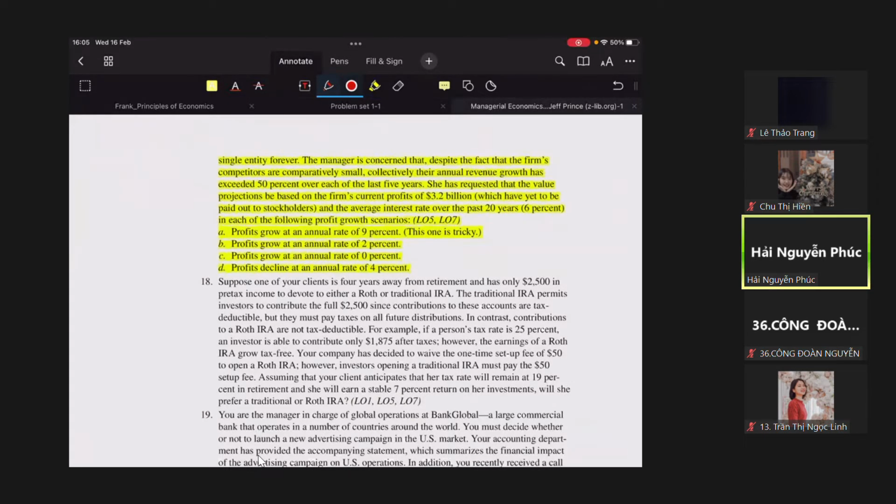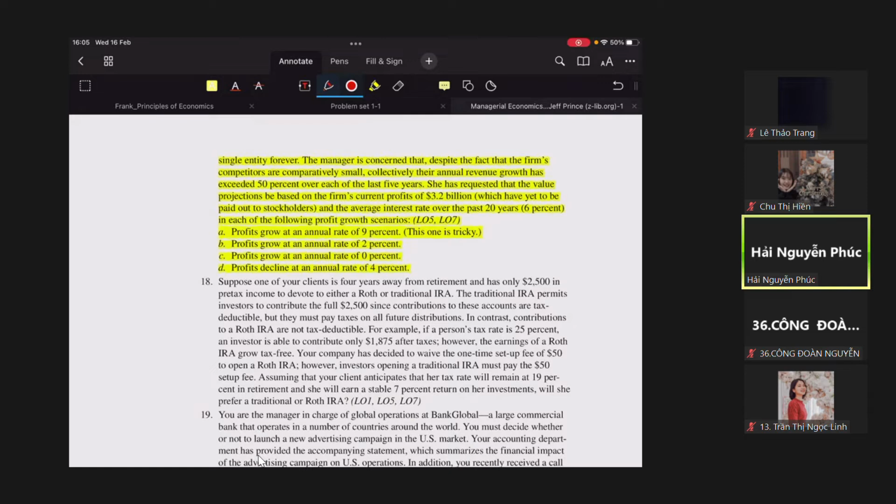The manager is concerned that, despite the fact that the firm's competitors are comparatively small, collectively their annual revenue growth has exceeded 50% over each of the last 5 years.